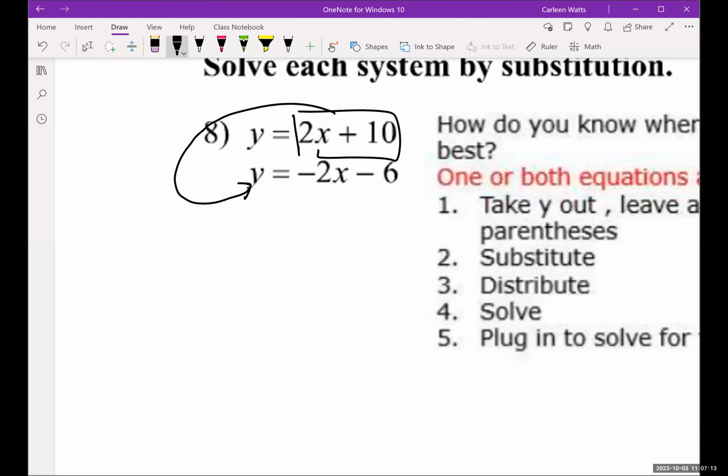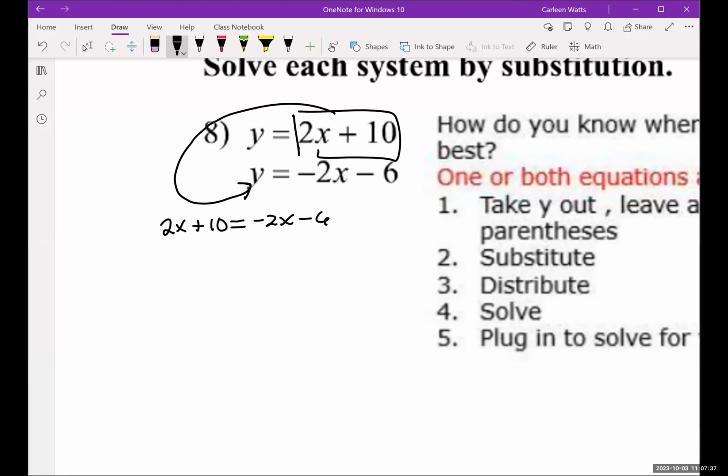And in the Canvas quiz, I ask you, what is the resulting equation? 2x plus 10 is equal to negative 2x minus 6. Hook them together. They're both equal to y.